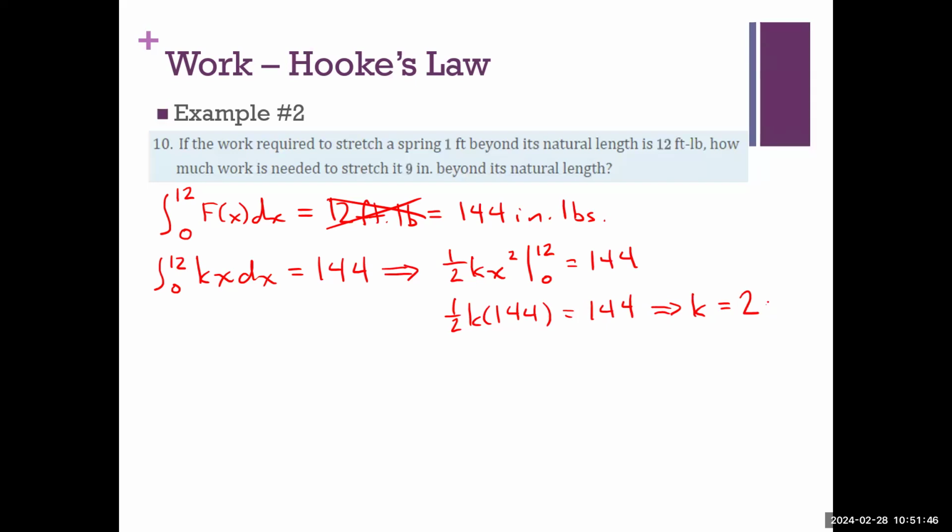Oh yeah, 2 pounds. I think it is 2 pounds, but let's be clear about why that's the case. So let me redo this calculation, but we'll drop in some of the units here. 2 pounds per inch. So this 144 is inch-pounds, right? When I do this integral, what do I end up getting?